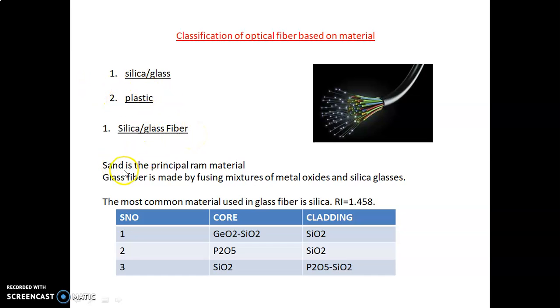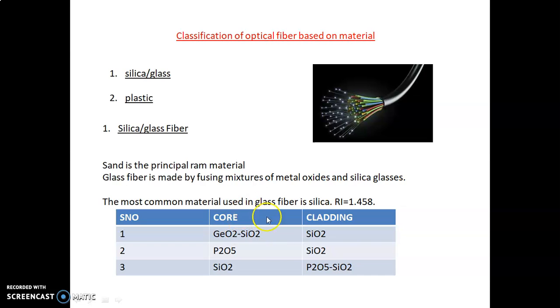Okay, we know that sand is the primary raw material for silica. You just see, the core is made up of germanium oxide and silicon dioxide, and the cladding is made up of silicon dioxide. So it is a silica material.